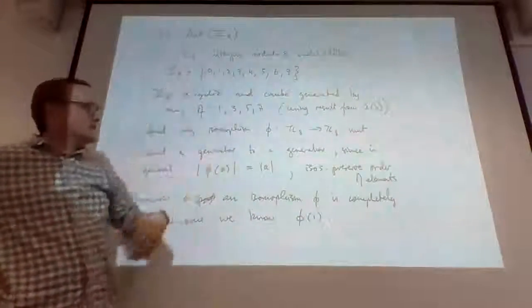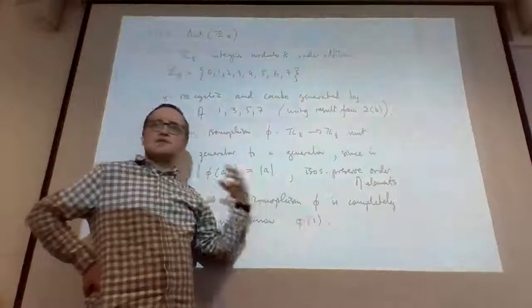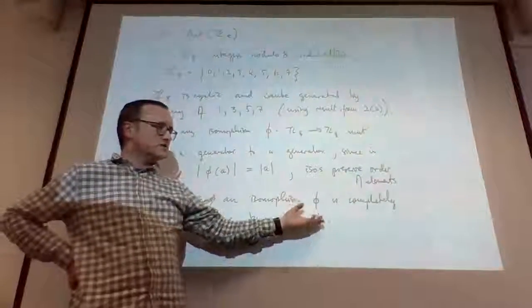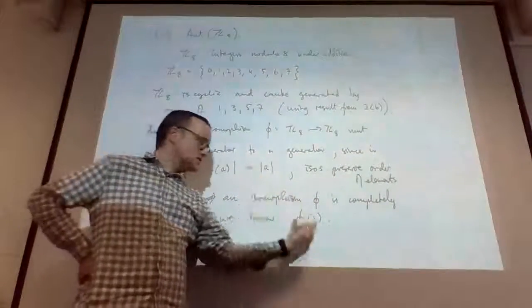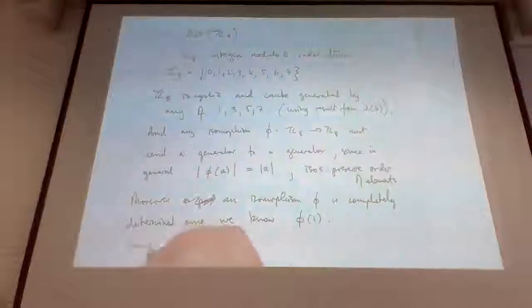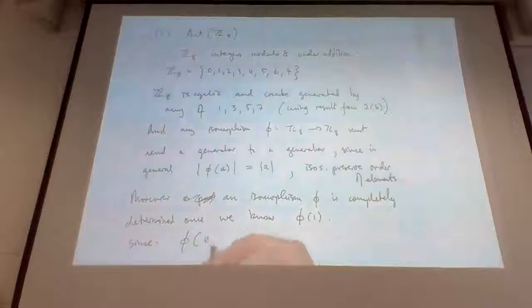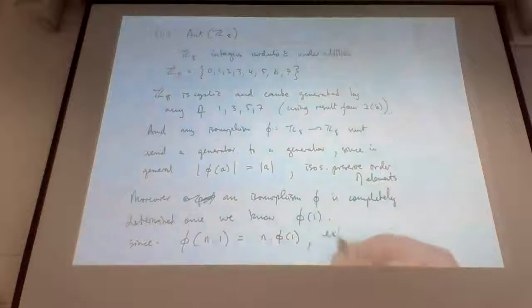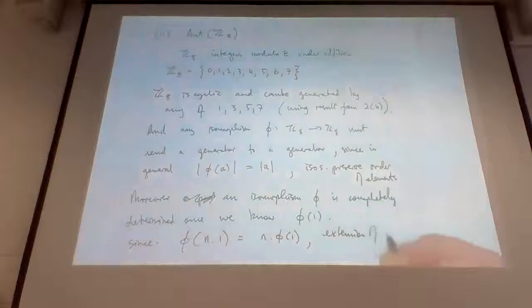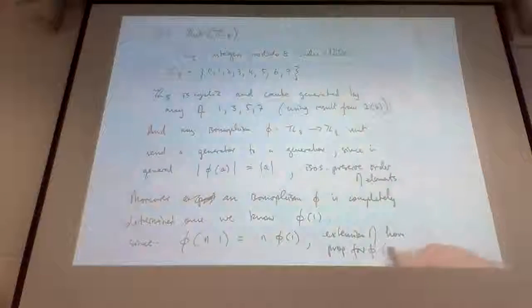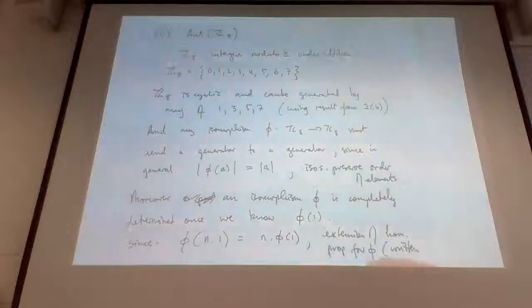So every element in Z8 is a multiple of 1. Phi is an isomorphism, so phi of a multiple of 1 is just the multiple of phi of 1. Phi of n times 1 is equal to n times phi of 1. This is an extension of the homomorphism property for phi, somewhat confusingly written additively.